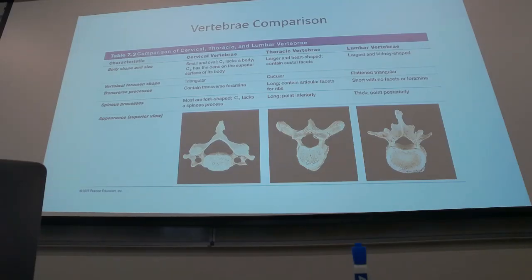So out of the three types of vertebrae, cervical, thoracic, and lumbar, which one will be the strongest? The lumbar, because it carries the weight from here up. The second strongest will be thoracic, because it carries the weight from here up. And then the cervical will be the least strong because it only carries the weight from here up.